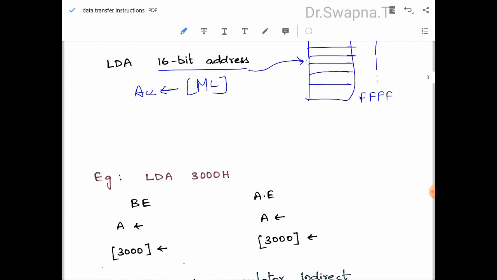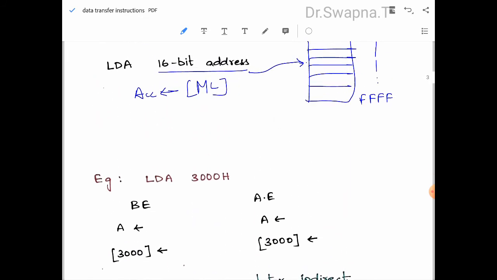So let's understand with an example. LDA 3000H. Before execution and after execution. Before execution, assume that in the 3000 memory location there is some data, say 30H, because each location can store only 8 bits of data.